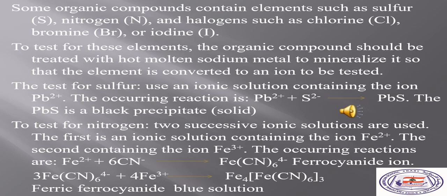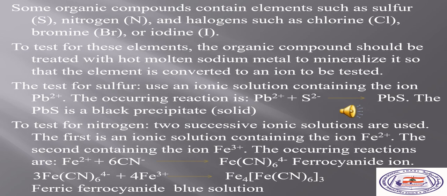If the organic compound contains the element sulfur, it changes the sulfur into S2-. If the organic compound contains, let's just say, chlorine, it changes the chlorine to Cl-. If the organic compound contains the element nitrogen, it changes the nitrogen to CN-.